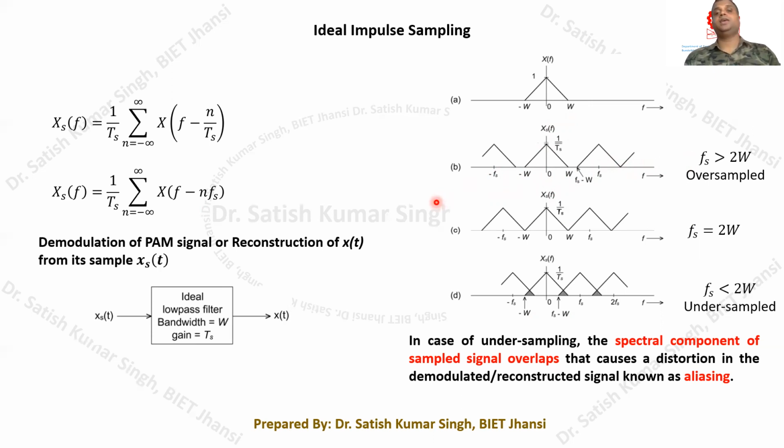The first condition, as per our Nyquist theorem, is that the sampling frequency fs is greater than or equal to 2W. First consider that it is greater than 2W.